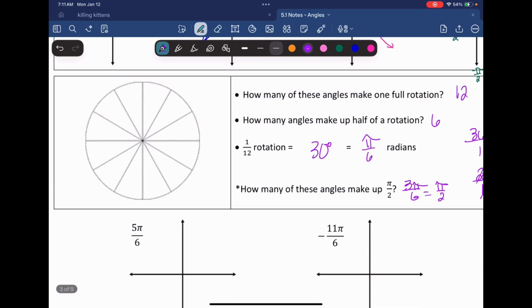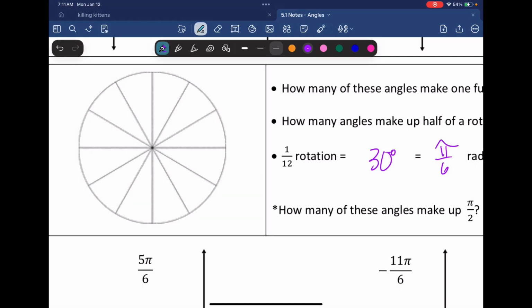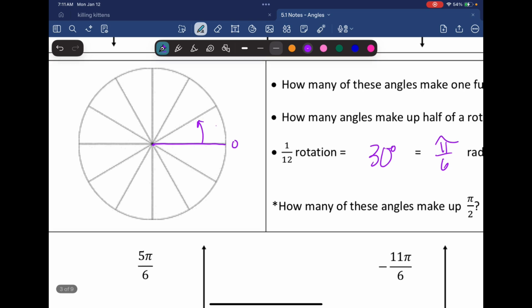All right, again, just talking about fractions here. So if we start at our initial side, this is 0. Okay, so that's 1 pi over 6. And we've got 2 of them. 3.